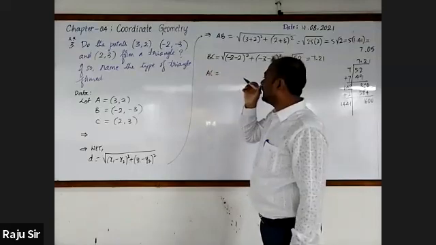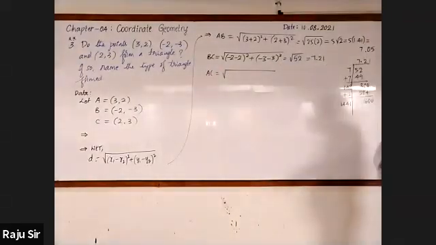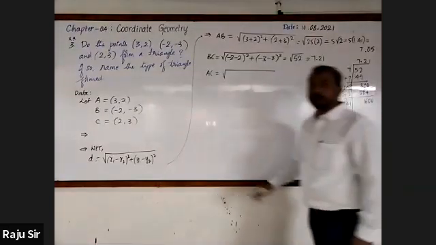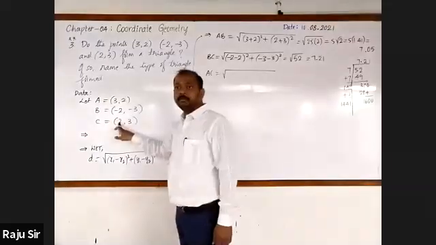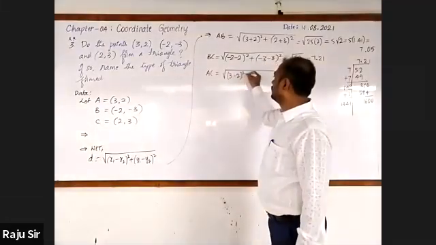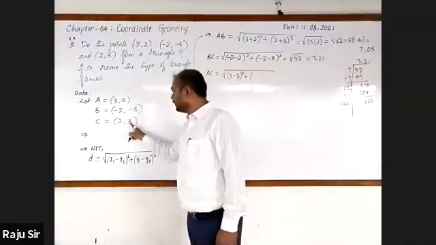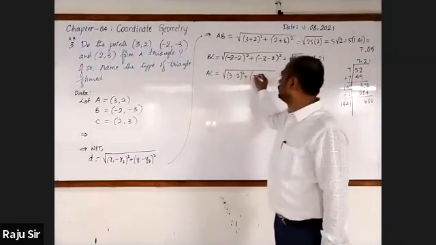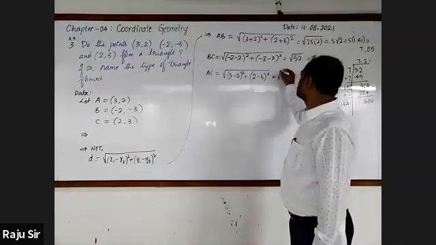Now AC, or CA. Write with me. I'll take AC: 3 minus 2 whole square plus 2 minus 3 whole square, which is equal to the square root of.